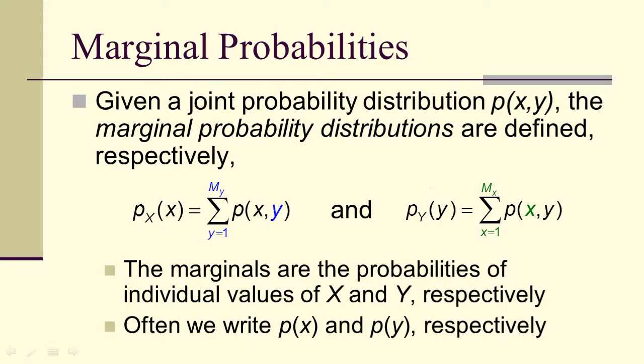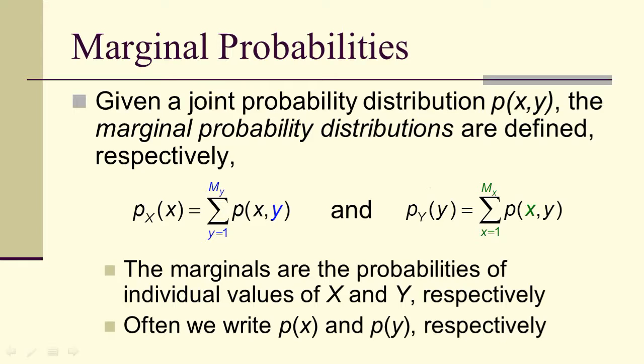Marginal probabilities: if you've got a joint probability distribution, P of xy, then we would like to be able to recover the probabilities for the individual variables X and Y. And those are the marginals. So the marginal probability of x is the sum over the y's of the joint probability distribution, P of xy.